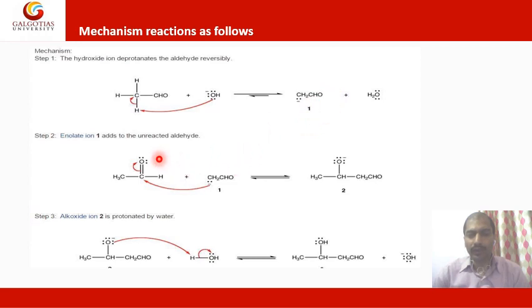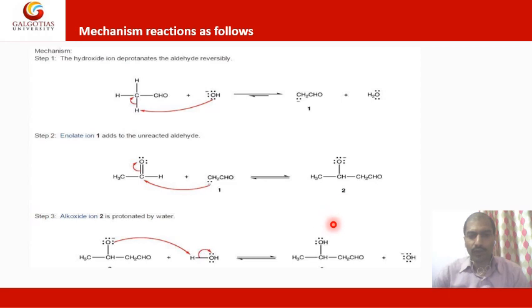It will add to this aldehyde molecule. Once it attacks on this side, the pi bond will shift towards the highly electronegative atom. In the third step, the alkoxide ion is protonated by water. Here again this proton is transferred to this ion, and it will convert into the alcoholic OH group.